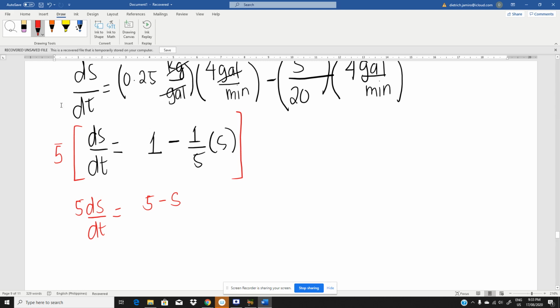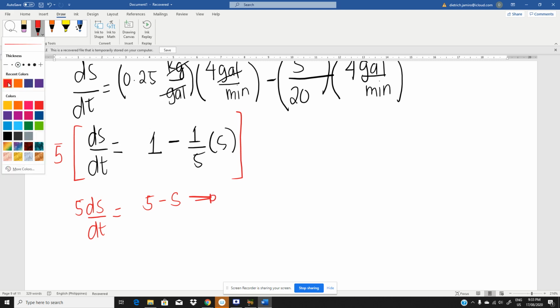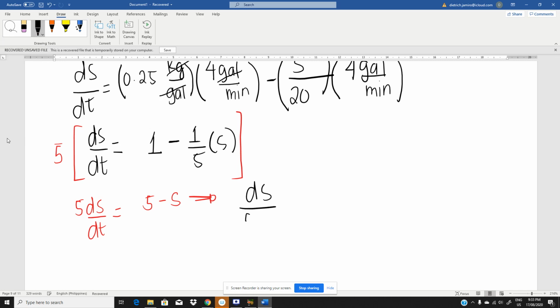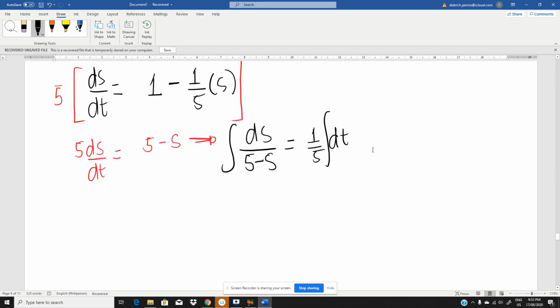And then by cross multiplication, by separation of variables, ds over 5 minus s is equivalent to 1 over 5 dt. Integrating both sides of the equation, we will have negative ln of 5 minus s is equal to 1 over 5 t plus c.